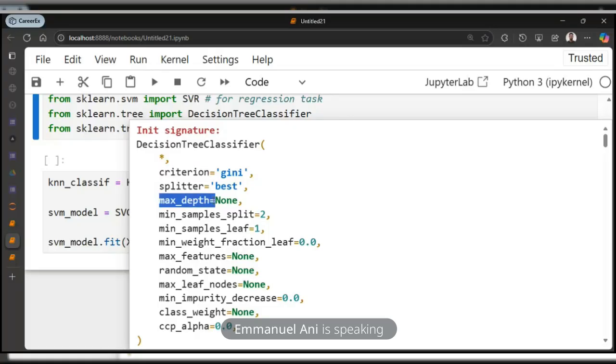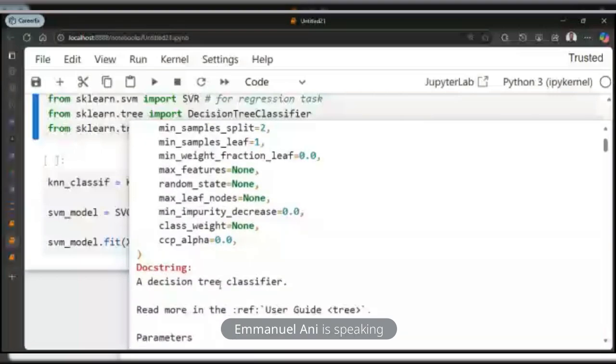If you set max depth, then your tree will stop when it gets to that max depth. The max depth is actually the number of levels of nodes that you have. If you don't set the max depth, it will continue splitting till it can no longer split again. But if you set max depth, it will split till it gets to the depth that you've set.